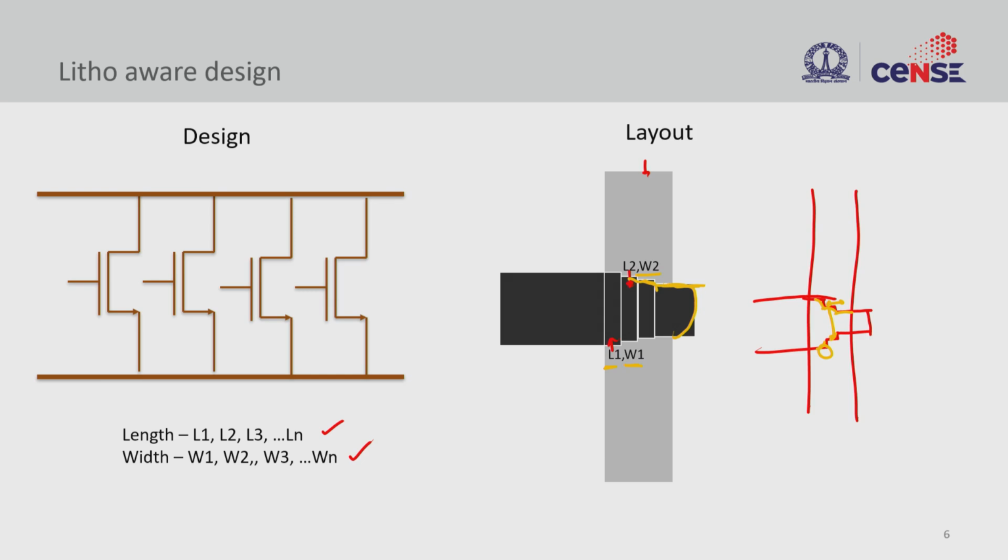So if we understand the process, if we understand the rounding, from whatever you want, this will help you to design your layout in a proper fashion, because whatever you design or put in the layout may not result in what you are looking for. Okay, so this is what we call layout aware design. Okay, so you are not just dropping in your gate here, but you know how it is going to get fabricated and how this is going to yield as a circuit, and then you can come back to your layout and fix this issue.